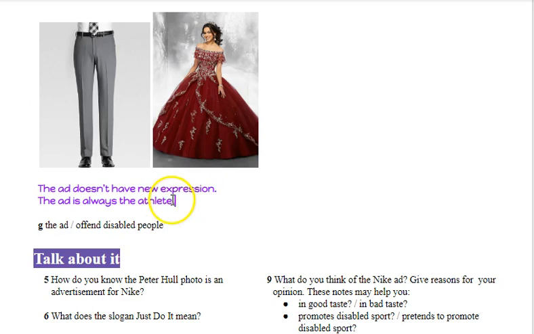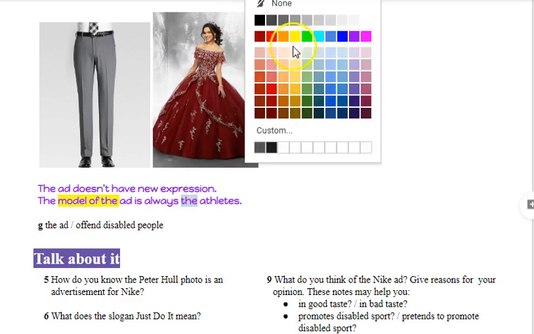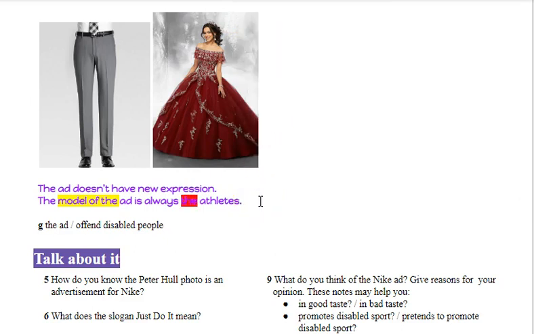Or you better say the model of the ad. Yeah, the model of the ad is always athletes. Don't say "the", but always athletes. The model of the ad is always athletes.